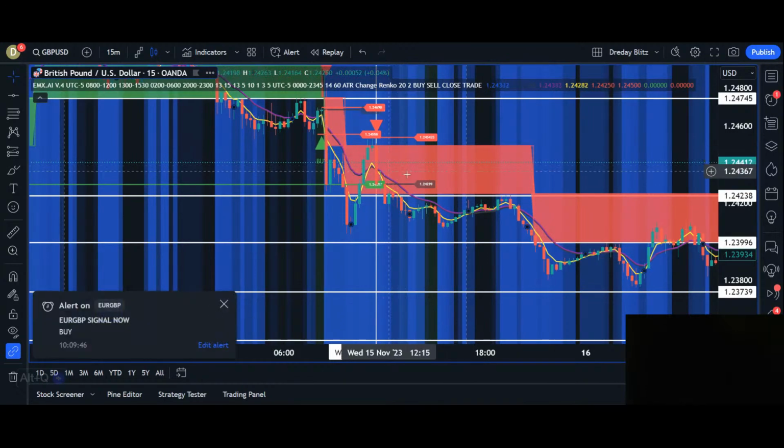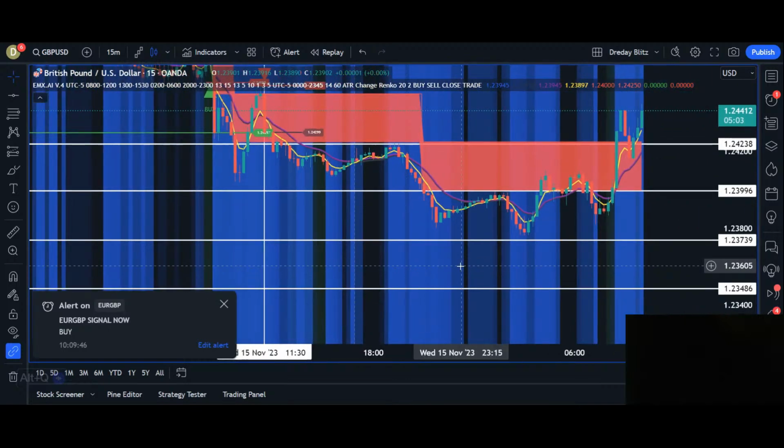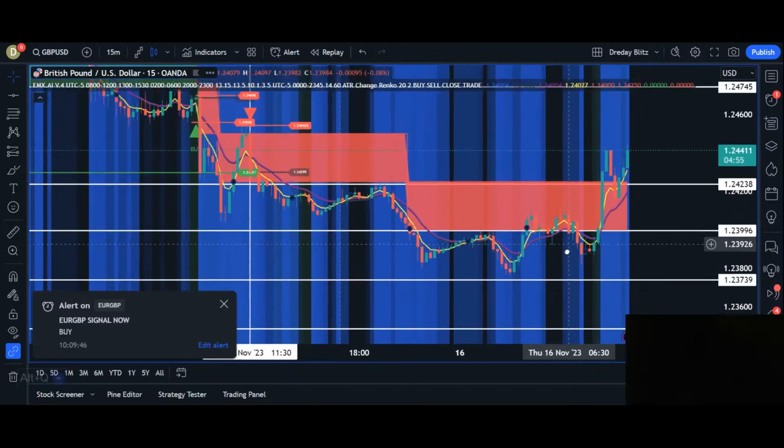So the first Renko bar close is this one. Then the second one is this one, and the third one is this one, right? So as you can see, it went to the first one, and then it almost touched the second one, and then reversed.